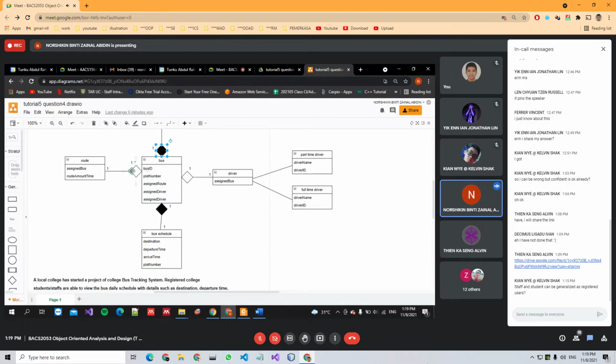Okay, correct. Then this one is a correct notation.